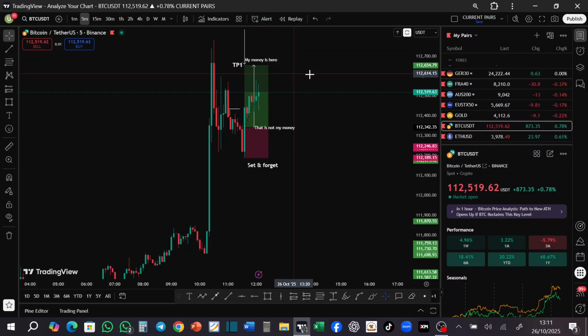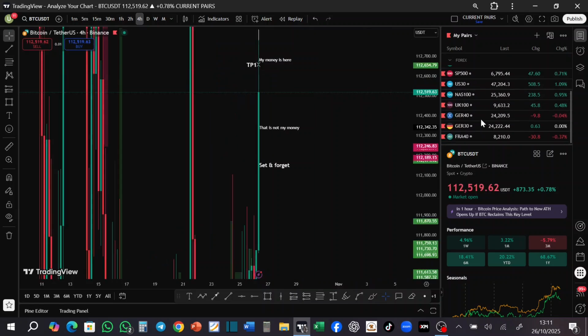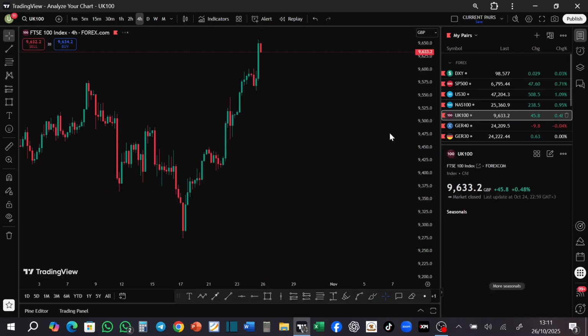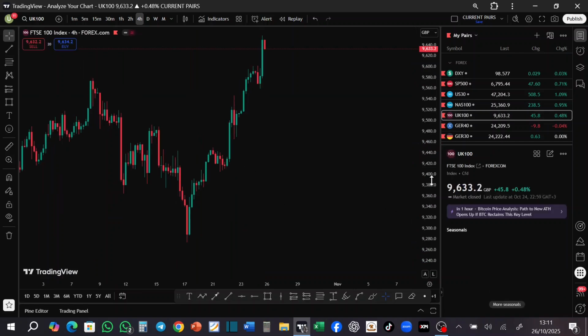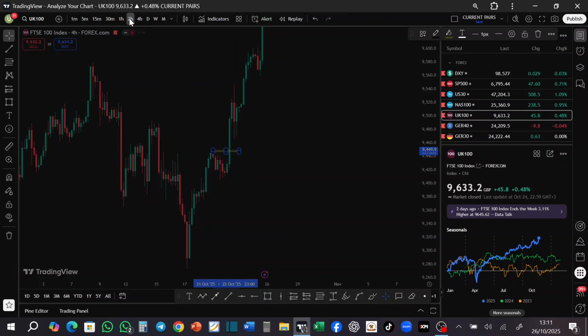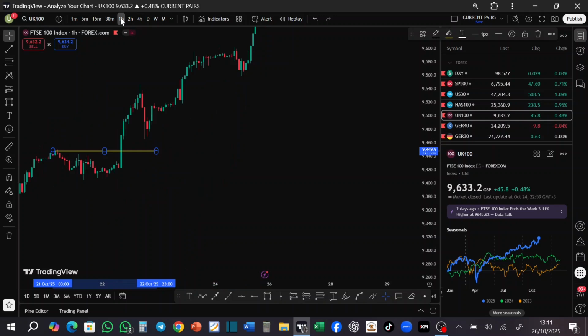Okay, so going back to what we were analyzing here, we are saying when the market reaches, for instance, here, and a candle closes, let me just go lower in time frame so that we see what was going on.